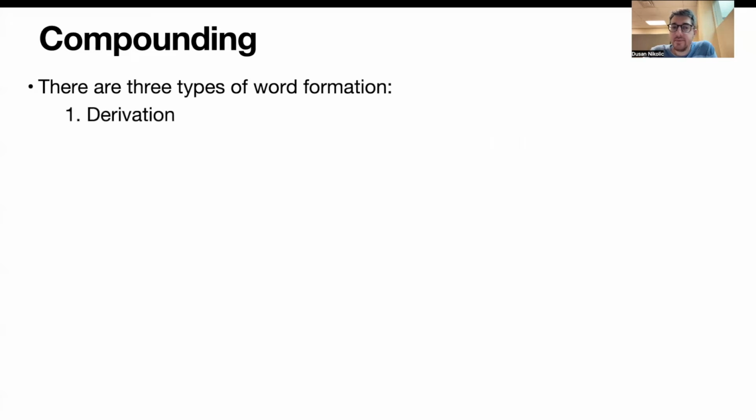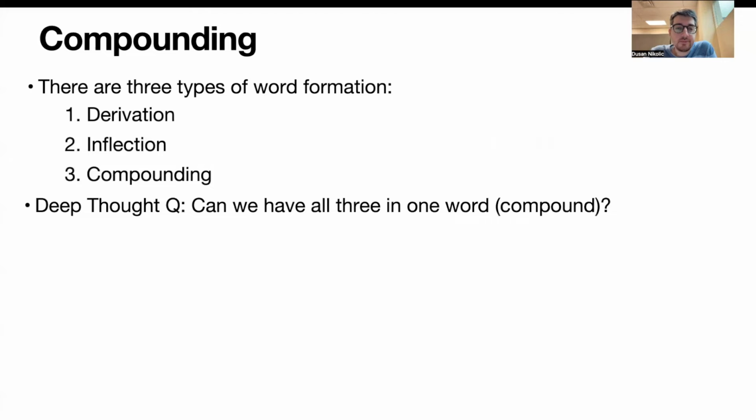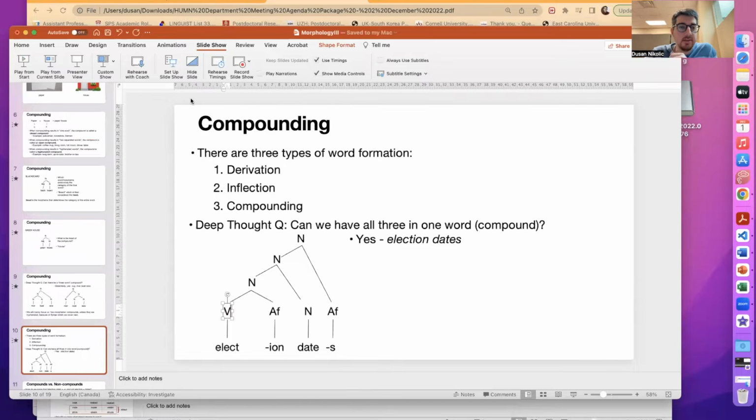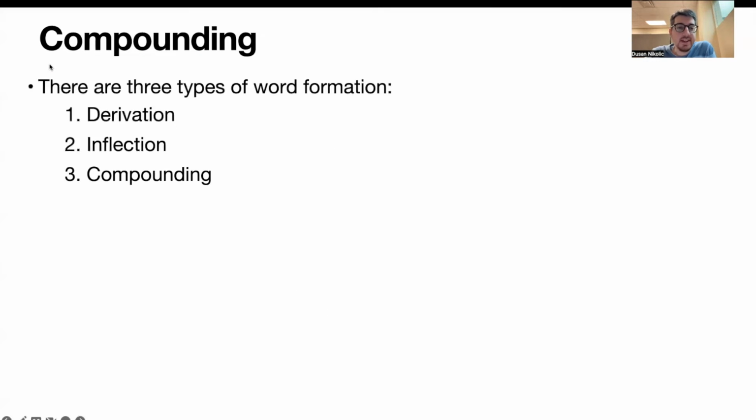So there are three types of word formation: derivation, inflection, and compounding. Can we have all three in one word, in one compound? Yes, for example, election date. Elect is actually a verb. Let's do it again.